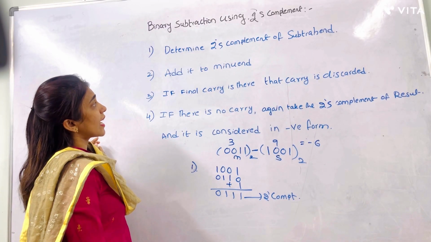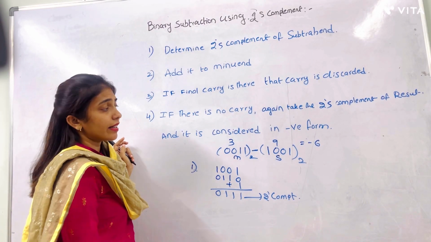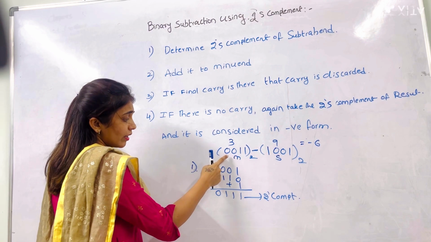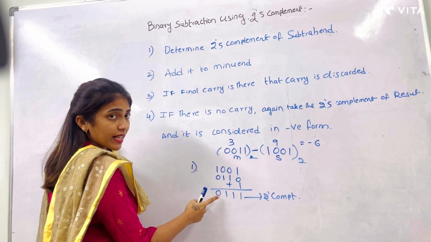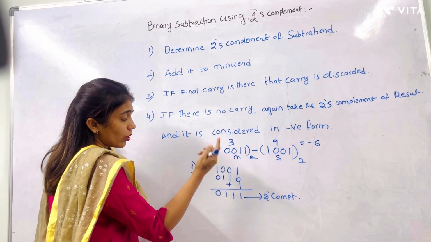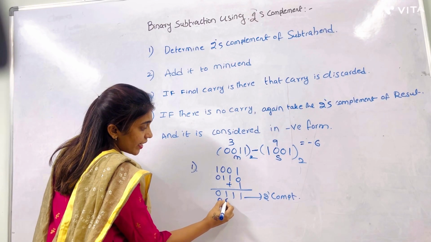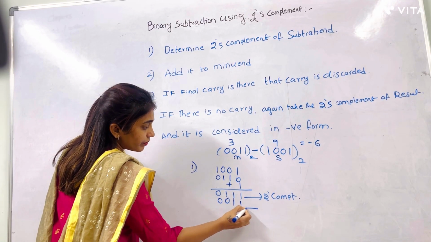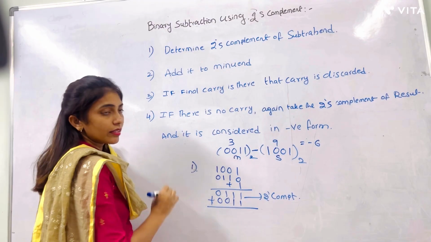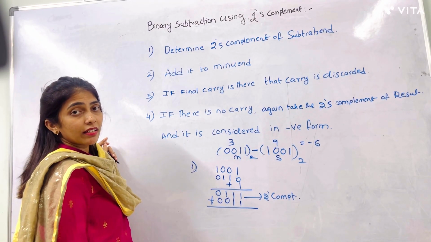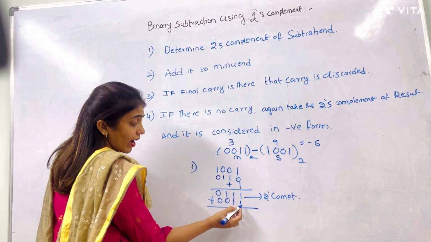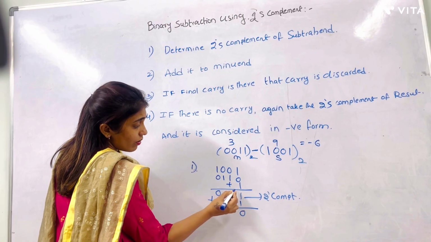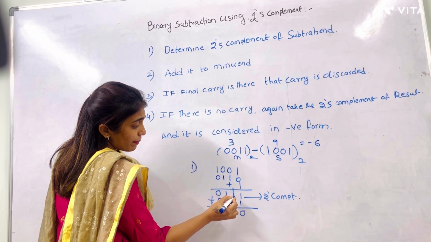Then go for second point, add it to minuend. Whatever the answer is there, simply that answer is added to minuend. Minuend is 0011. What type of addition here? Binary addition. 1 plus 1, 0, carry 1. Then 1 plus 1 plus 1.